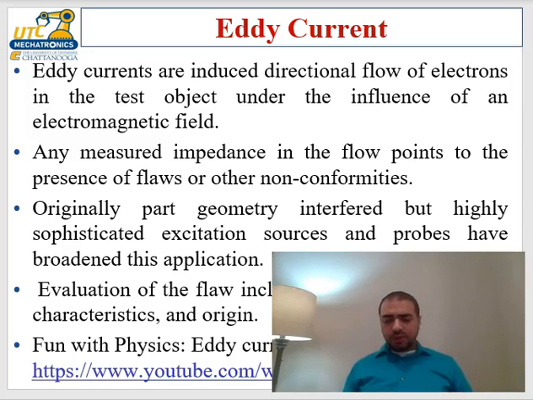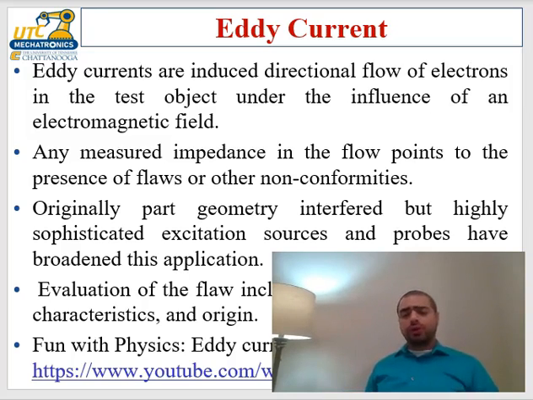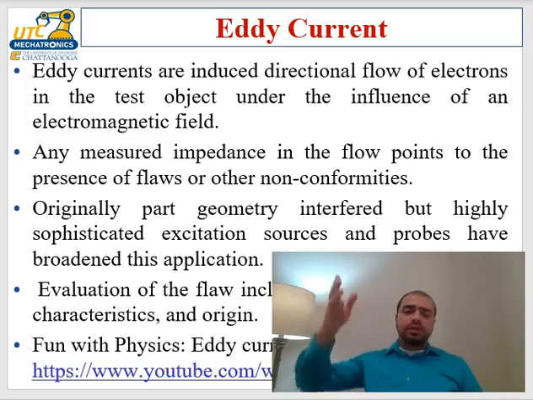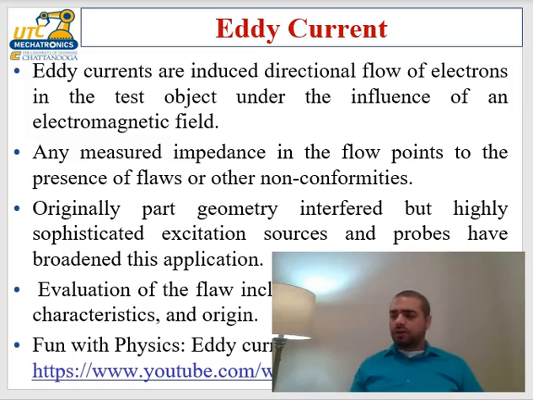Typically these measurements are done on circular objects, because it's easier, but the theory can be applied to any shape. Originally, part geometry interfered, but highly sophisticated excitation sources and probes have broadened this application, so it can be used to detect flaws like a scratch or a crack in the surface.